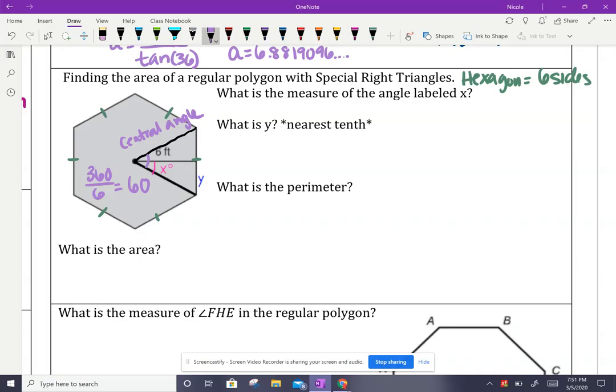But I'm going to take that central angle and halve it, because the apothem, right here, bisects the angle. So 60 degrees divided by 2, and we get 30 degrees for x.